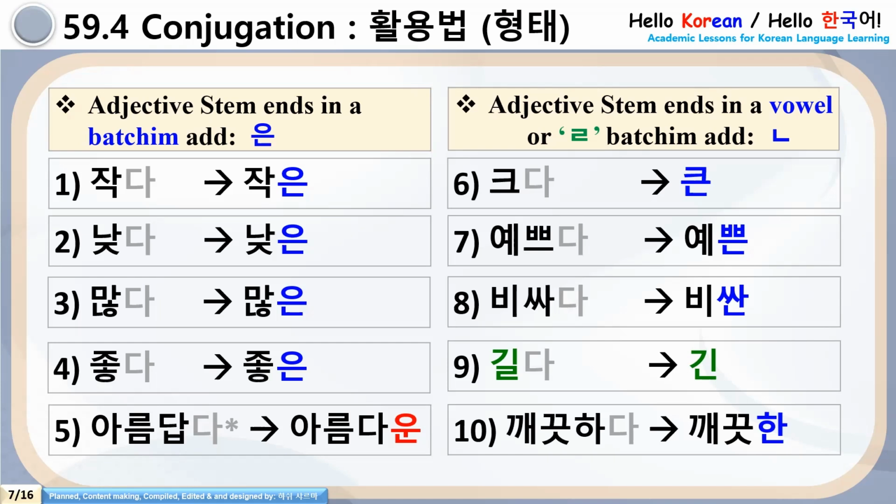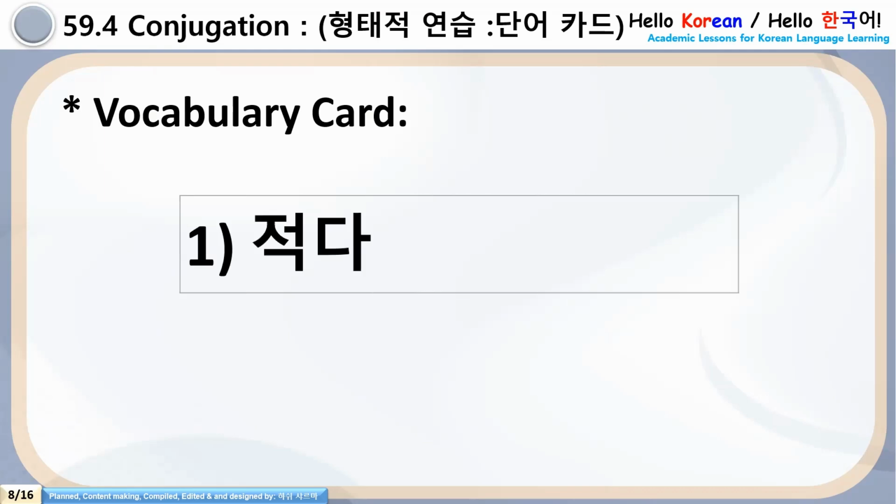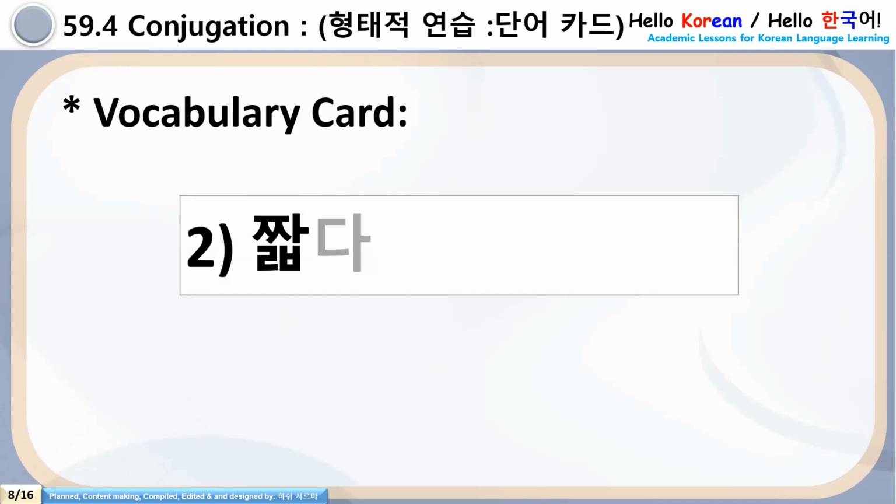Now it's time to do some practice with the vocabulary card. So tell me, what will be chokta? Yes, there is a pachim. So chokta will be chogan. Number 2, chalta. Chalta will be chalban. Number 3, now you have to tell.